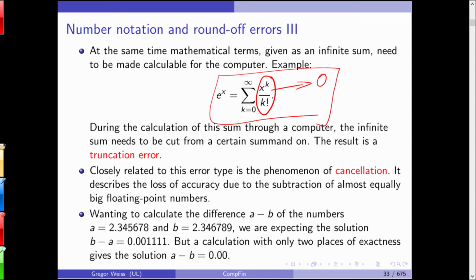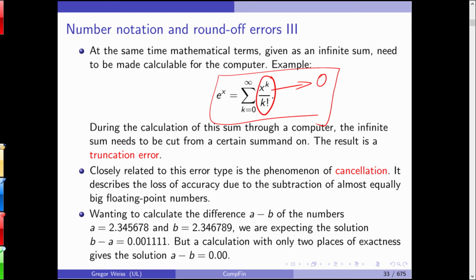So it makes sense that at some point, if this sequence goes to 0, you can cut off and say, okay, everything that comes after this is just 0. But of course, it depends at which point you truncate. If you do this after 10, after 20, after 50 parts and summands. So this, again, leads to a so-called truncation error. You cannot calculate this accurately, mathematically speaking, in a computer. You need to truncate it.